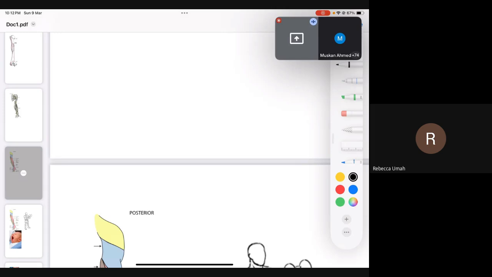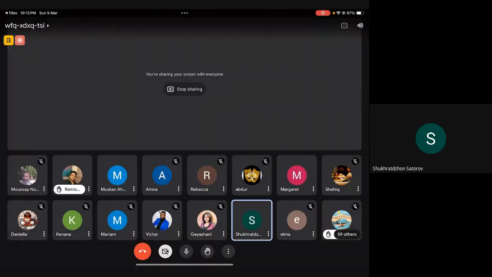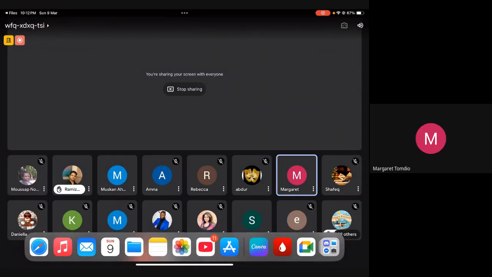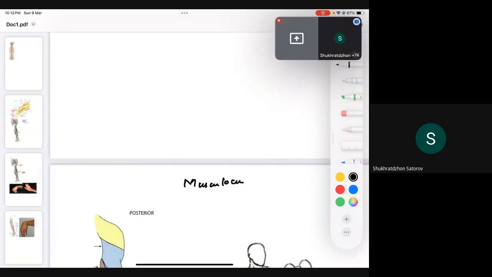Okay, so let's discuss our musculocutaneous nerve. Can anyone tell me the function of the musculocutaneous nerve? The musculocutaneous nerve innervates brachialis, biceps brachii, and coracobrachialis.